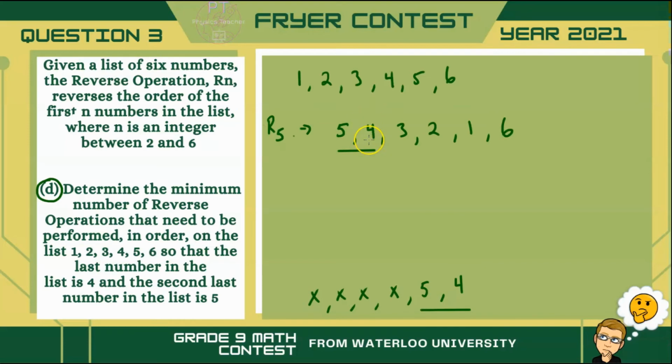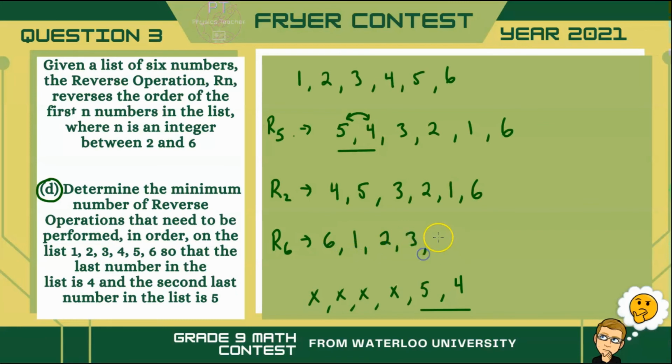In order to get this 4 into the first position, I am going to switch them with an R2 operation, which gives me 4, 5, and then 3, 2, 1, and 6. So now I can get 4 and 5 into the positions I want with one last operation, an R6 operation, which gives me 6, 1, 2, 3, 5, and 4.